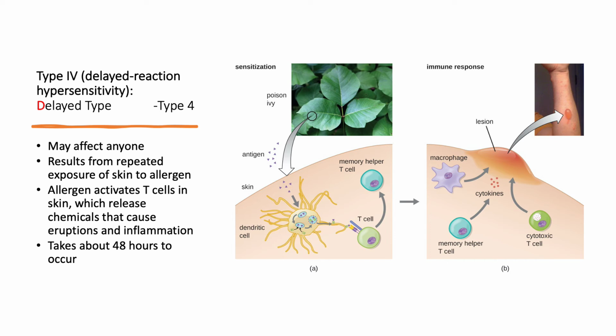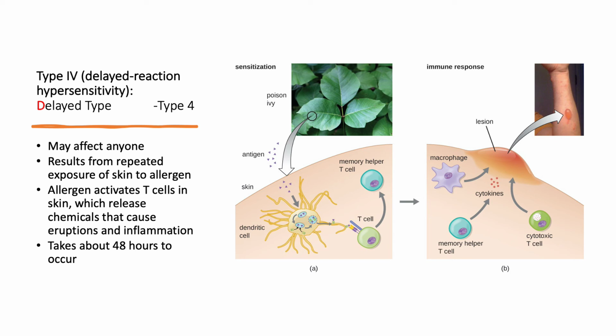When you touch poison ivy the first time, the dendritic cells in your skin sensitize the T cells, and the T cells create the memory helper T cells. You have no obvious reaction that you can see on your skin. But when you touch the poison ivy the second time, in the second exposure, memory T cells activate the macrophages and cytotoxic T cells, and they cause the inflammation and lesions on the exposed site.